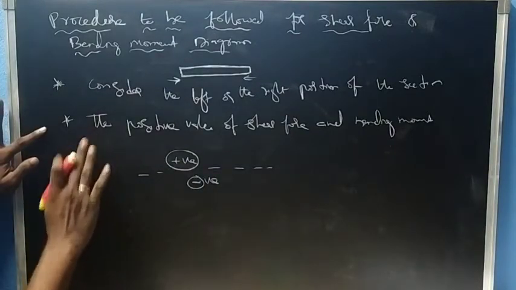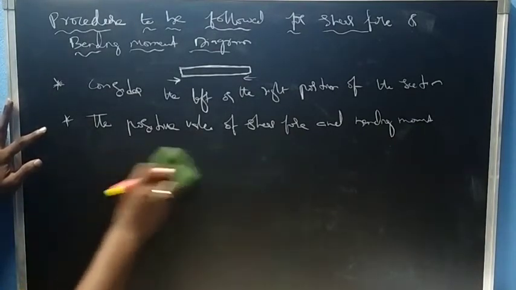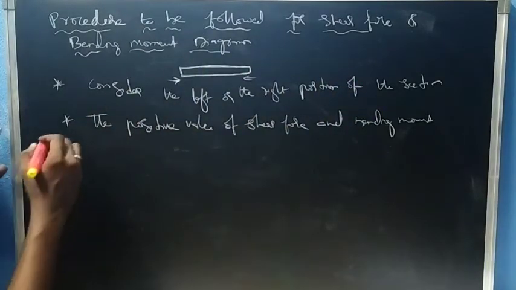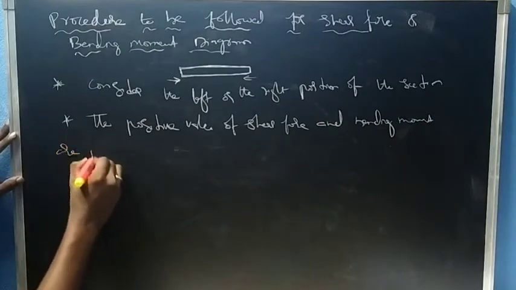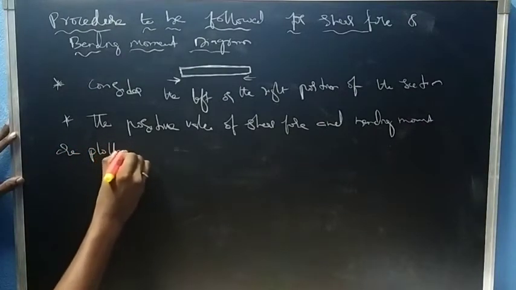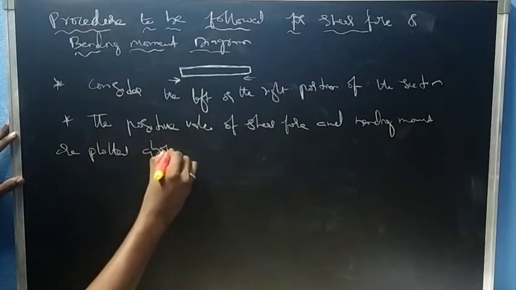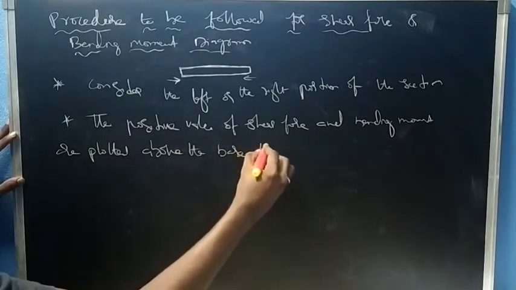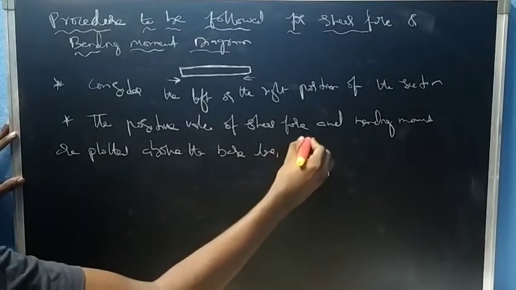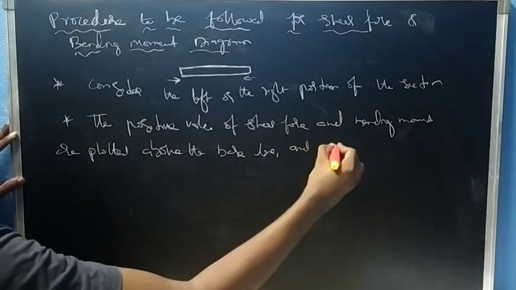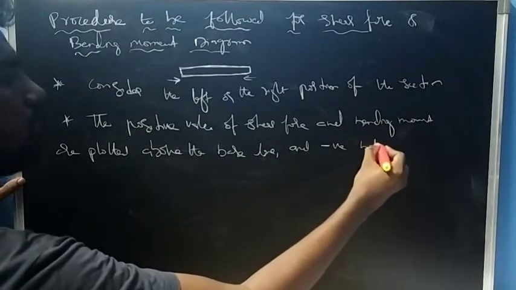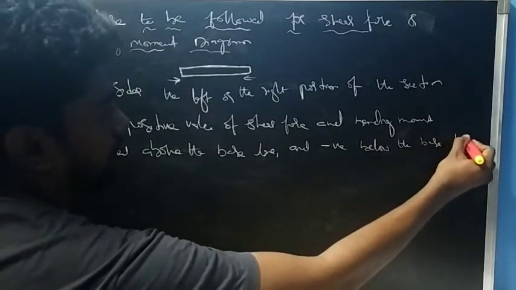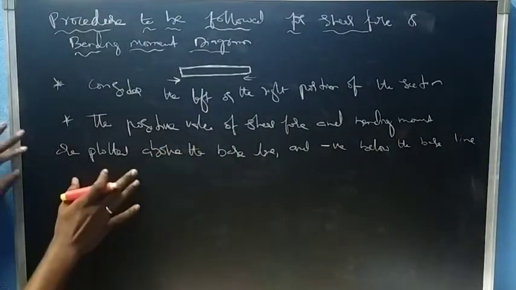So that is the second procedure. That is, the positive values of shear force and bending moment are plotted above the baseline, and negative below the baseline. Right? So this is the second step.